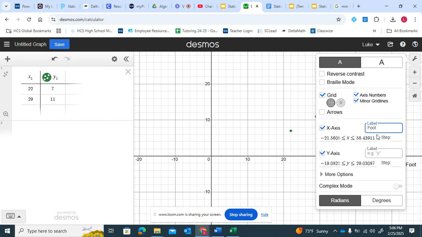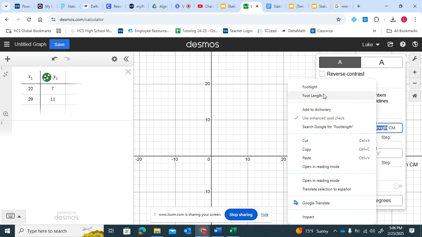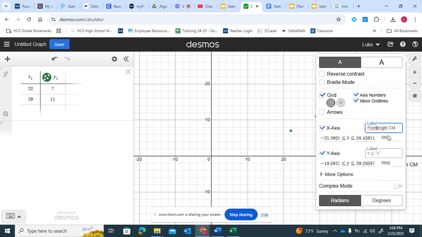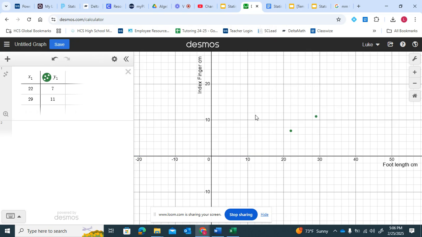Foot length in centimeters. And then the Y was index finger in centimeters. Remember, because we converted it. So it automatically plots your labels for your X-axis and your Y-axis.